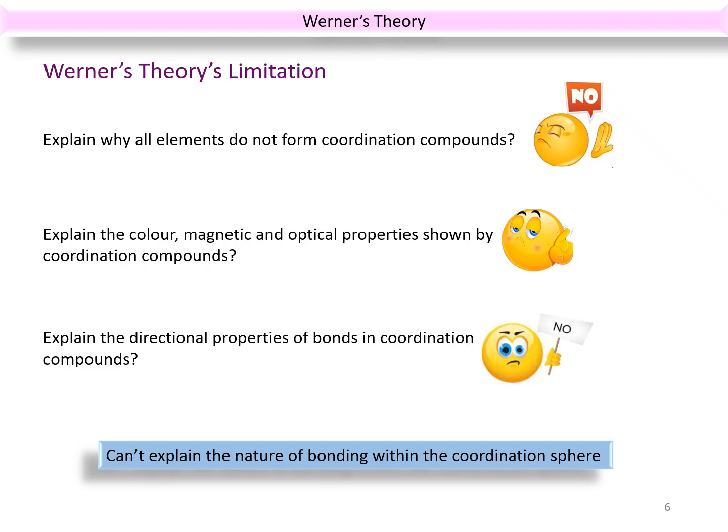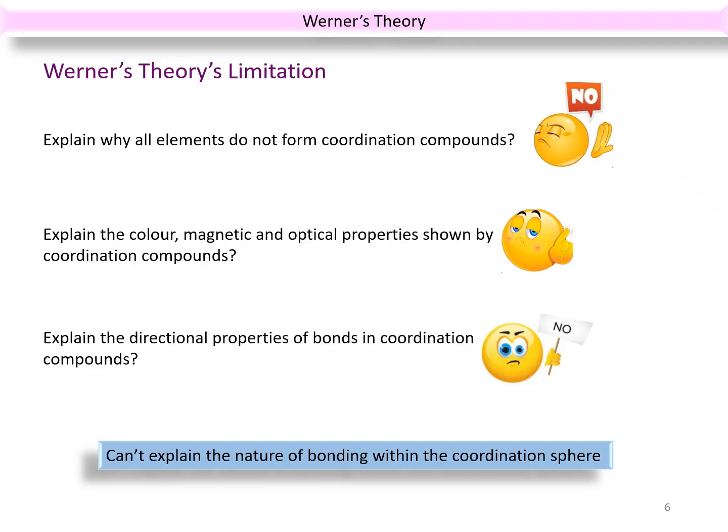Werner's theory has limitations because it doesn't explain why not all elements form coordination compounds. It doesn't explain why not all 3 chlorides can form coordination compounds, why only ammonia forms coordination compounds, or why only one of the 3 chlorides forms a coordination compound.